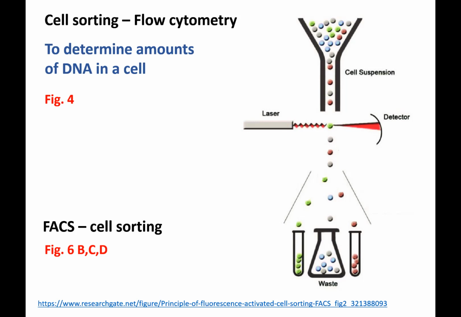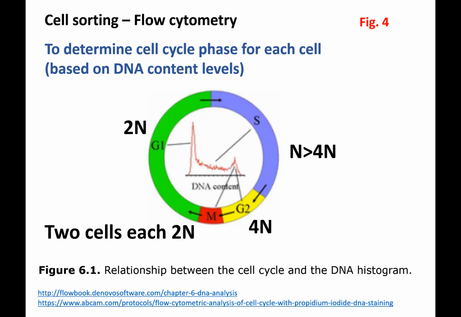Flow cytometry, we've talked about this. This is a way they're using to determine the amount of DNA in a cell. Okay, so they can use stains, it's a DNA binding stain. And remember that as you go through the cell cycle, your amount of DNA changes, right?